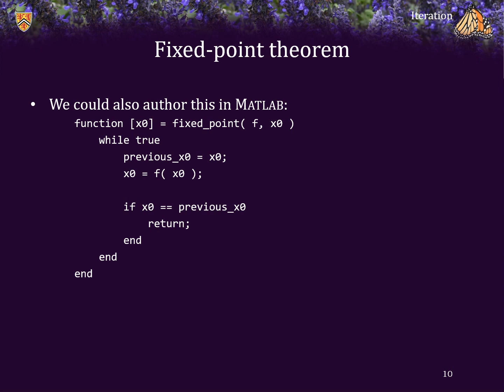Now, inside the infinite loop, we set previous x0 equal to the current value of x0. We then update x0 by assigning it the function f evaluated at x0. We then check. If x0 is equal to the previous value of x0, we return. What do we return?